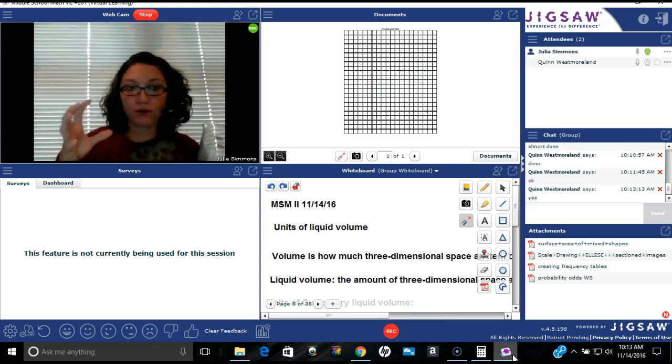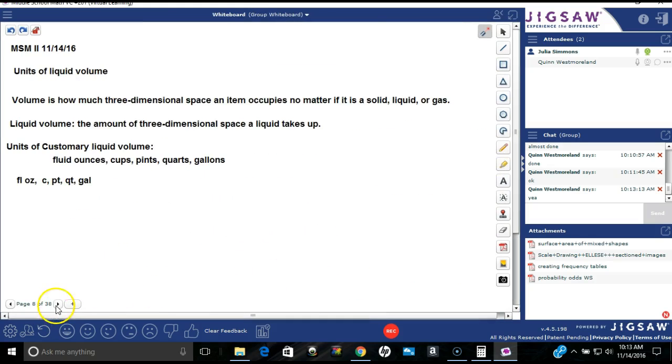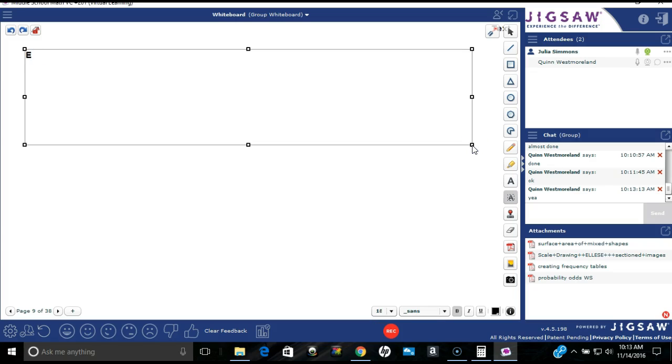So when you go to the store and you get a large jug of milk, you're getting a gallon of milk. So let's take a look at the equivalency table for that, and I'll type them out on the board. As soon as the board cooperates and moves for me, there we go. So let's write out the equivalency for our customary units of liquid volume.